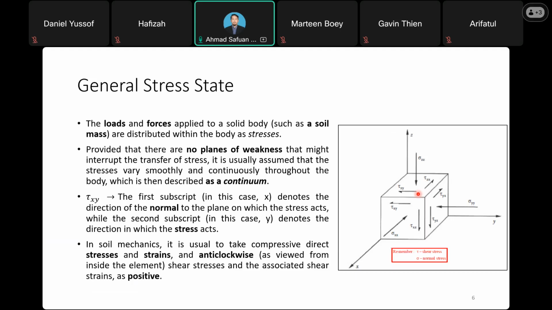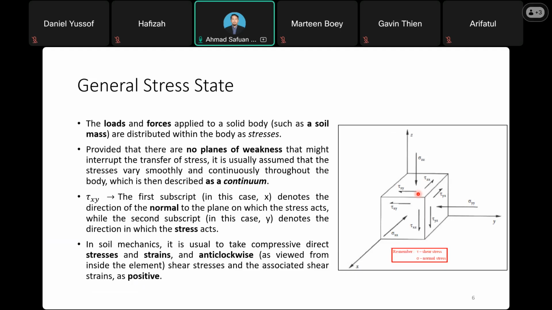But later on, it's easier to consider it as a plane strain or 2D rather than this three-dimensional view. The load and force applied to a solid body, such as a mass, are distributed within the body as stresses.